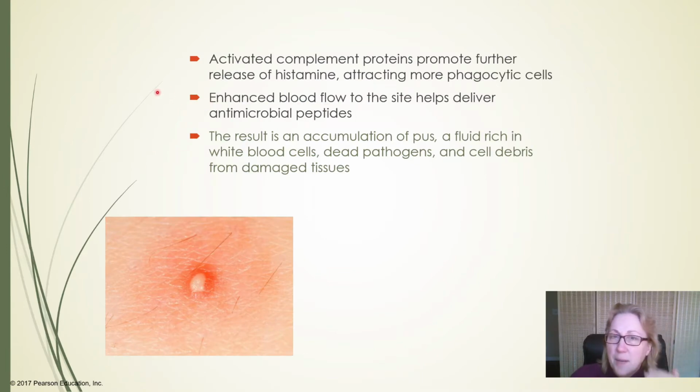So some of that is good. I mean, the histamine response has a purpose. One of the things it's doing is it's going to make the capillaries around the area leaky, and that's going to promote neutrophils and other phagocytotic cells that are in the bloodstream to ooze their way out and into the tissue.